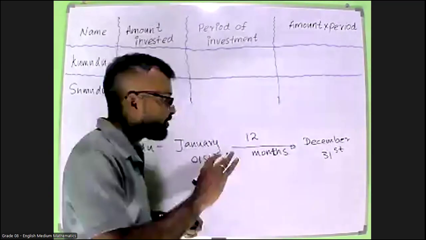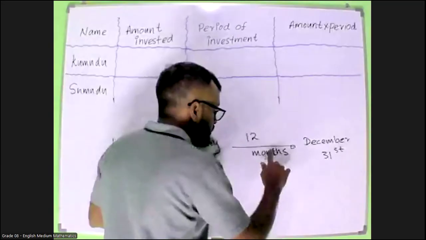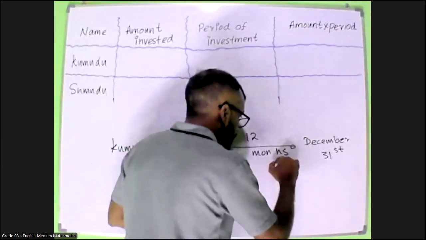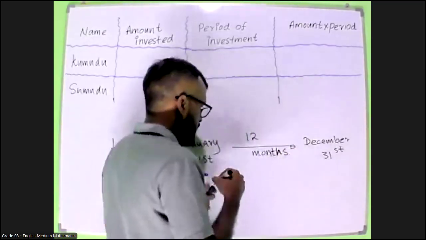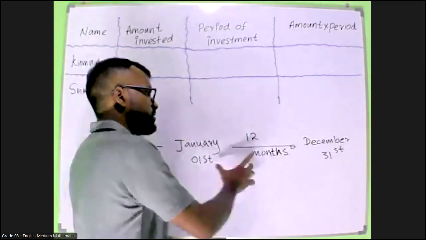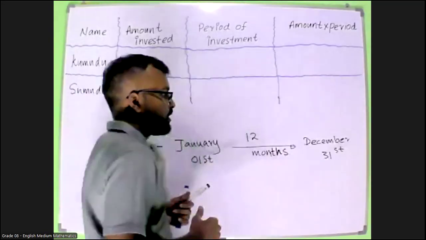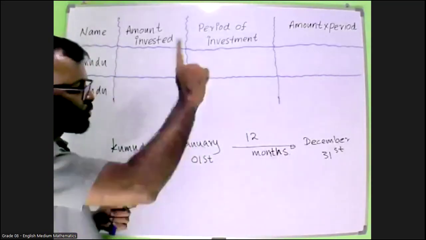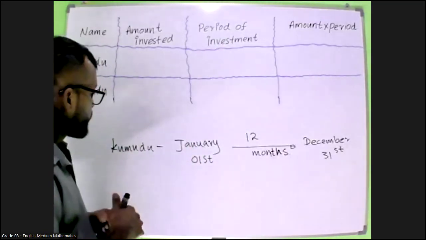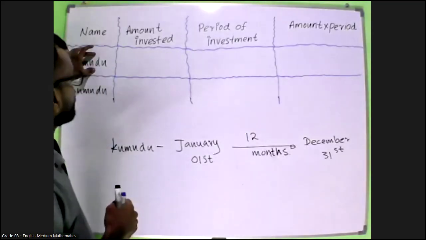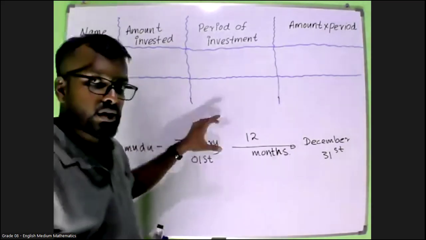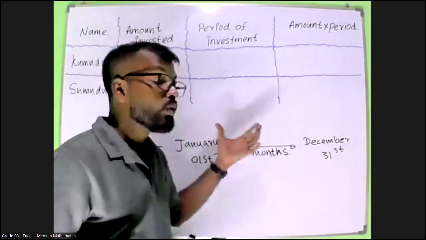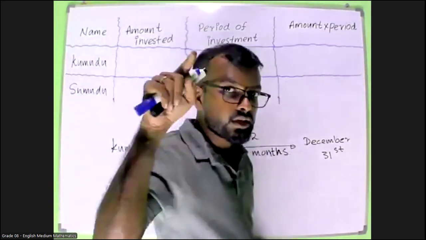Don't write down, I will give you time to write. From January 1st to December 31st, you have 12 months. Now, Kumudu has started the business on January 1st in a certain year, which has 12 months of period. Keep that in your mind.